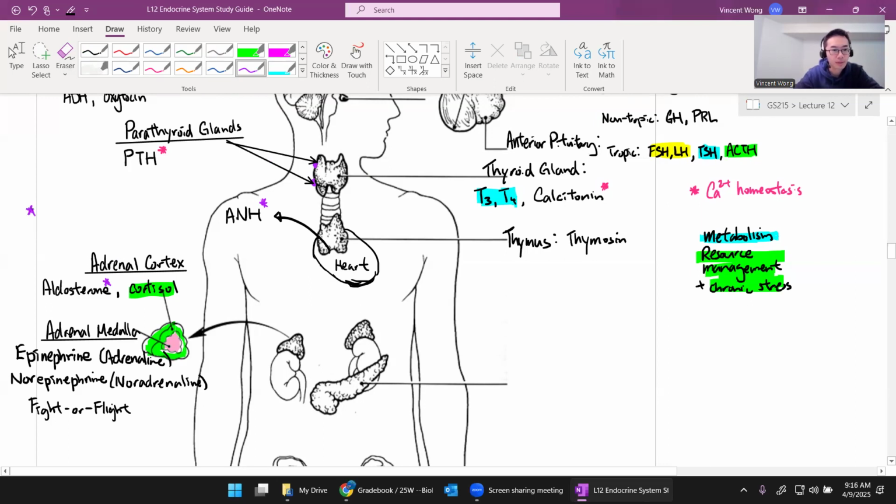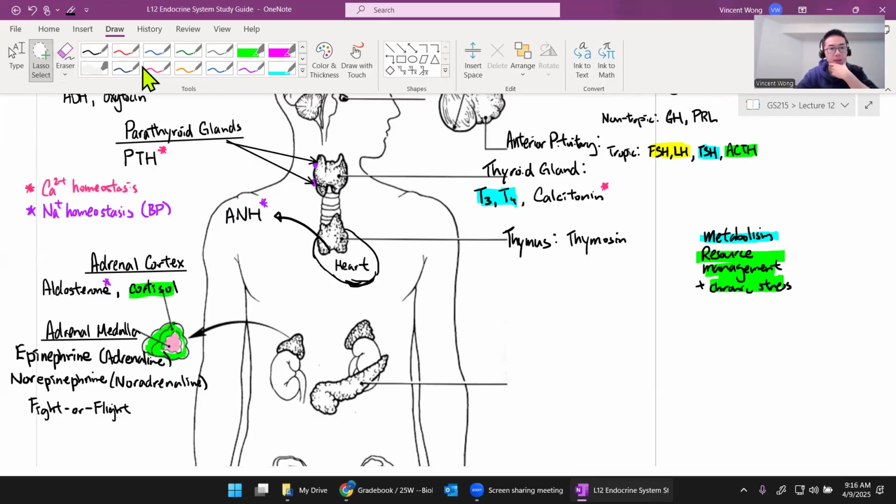Okay, I don't know. Just find some spot for it. This is for Na plus homeostasis, which in turn regulates BP, blood pressure. And maybe I'll put these together so they're in the same spot. These are antagonistic hormones, of course.